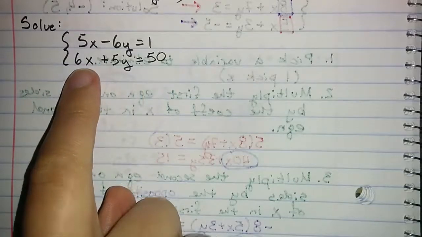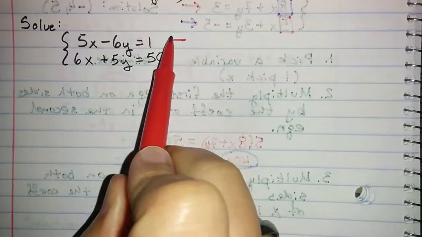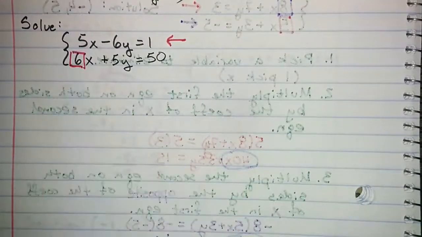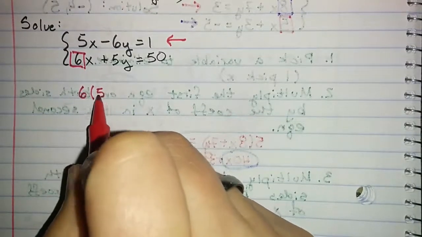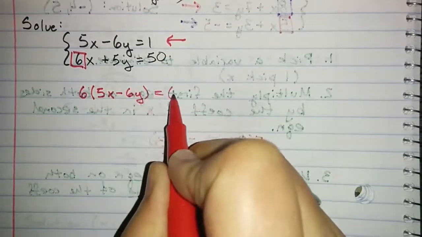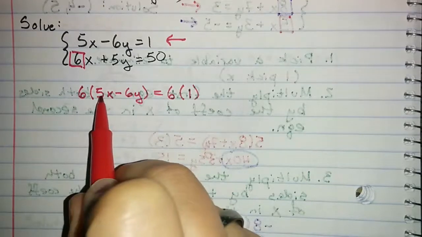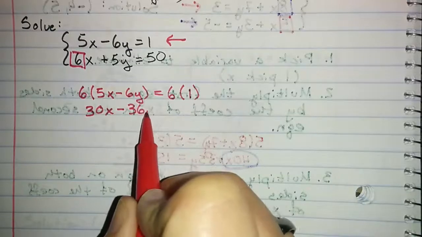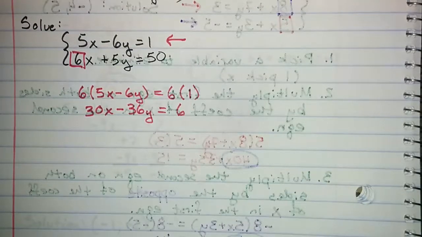All right, we're going to choose to eliminate x. That means we're going to multiply the first equation on both sides by 6. 6 times 5x minus 6y equals 6 times 1. This will be 30x minus 36y equals 6 times 1 is 6.